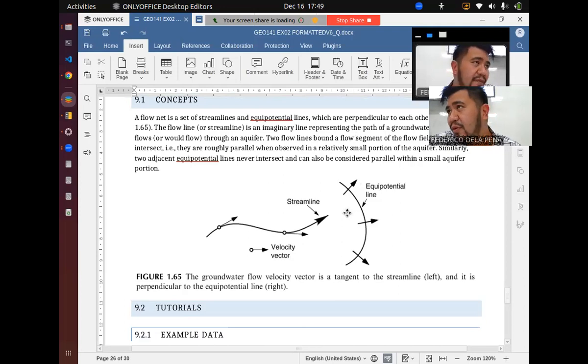So if you're doing a flow net on an unconfined aquifer, basically kinokontour mo lang yung elevation ng water tables. If you're dealing with confined aquifers, ang kinokontour mo is yung piezometric levels.